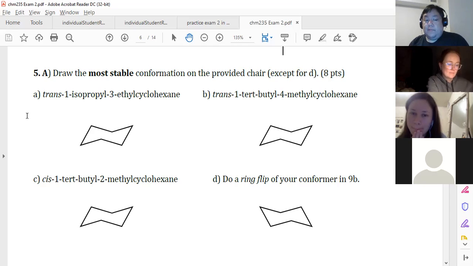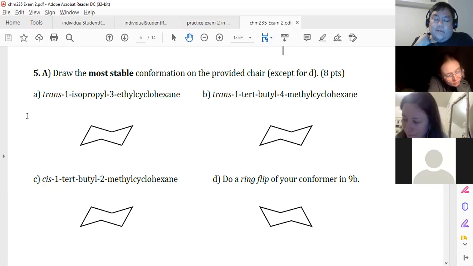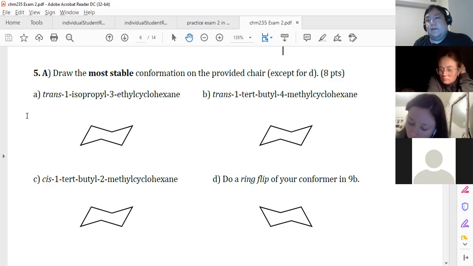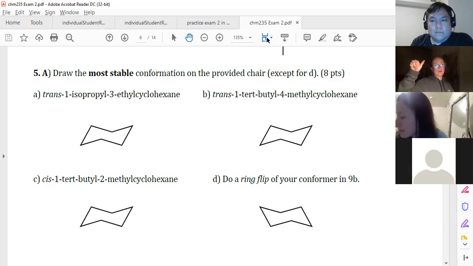So does it matter which way that ethyl cyclohexane is, if it's up or down right now? No, it doesn't matter. It just matters its relative position to the one group. So which carbon do you want to make 3 out of the 6-membered ring there? Which carbon, Gwen, which one do you want to make 3? You're muted. I'll do the furthest one to the right on the top.